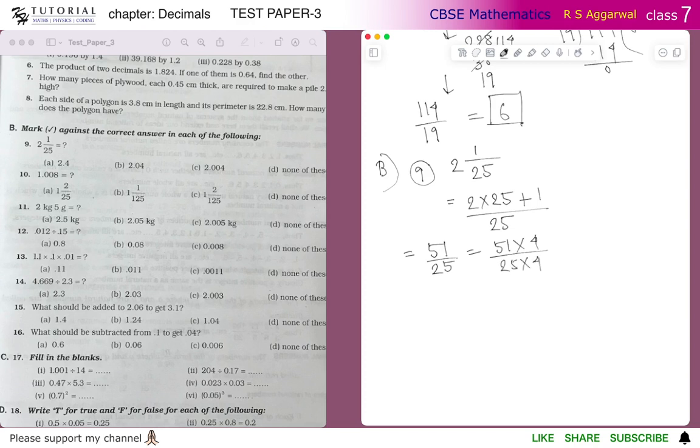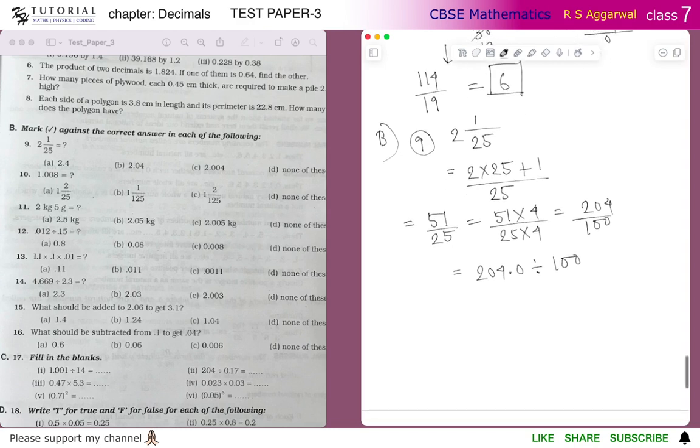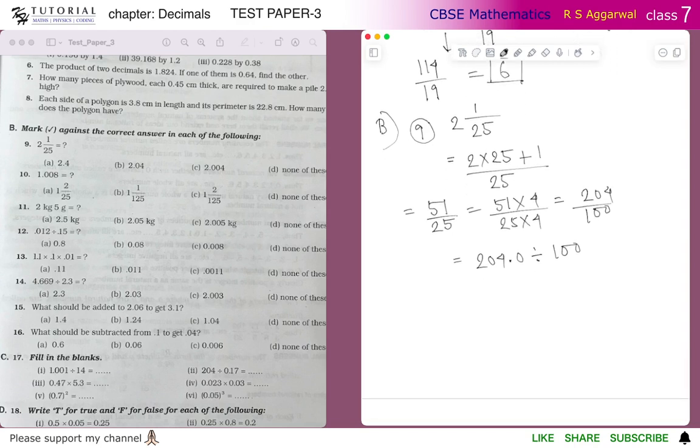This will shorten the calculation, and this becomes 204 by 100. And now we know that this is 204.0 divided by 100, and when we divide a decimal number by a power of 10, we just shift the decimal point to the left. In this case, we will shift the decimal point by 2 places as we are dividing by 100. So this is 2.04.